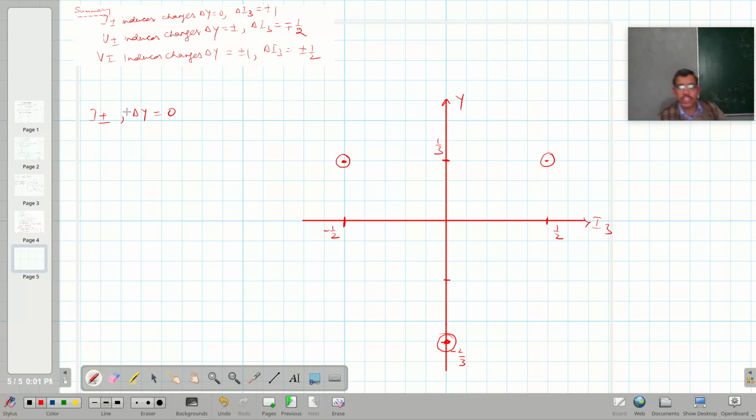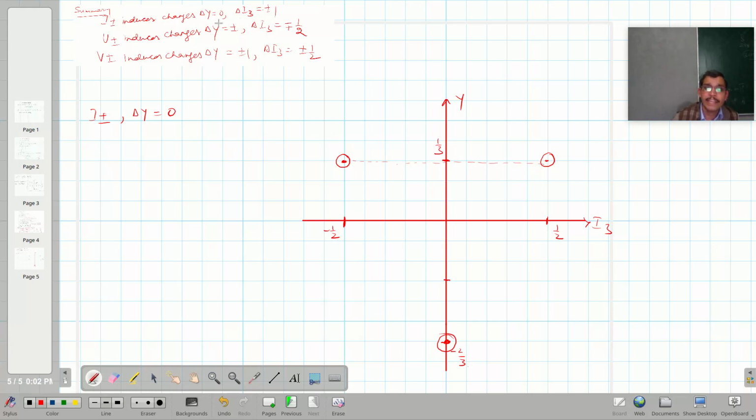So there is no change in it. For this line, delta y will remain the same. It will not change. There is no change in y. So that means it will occur along this line.